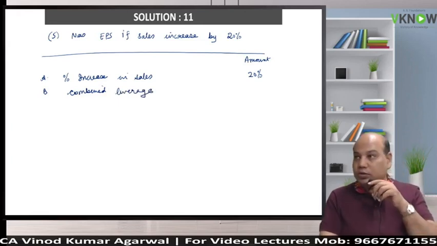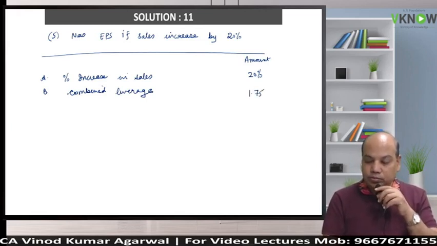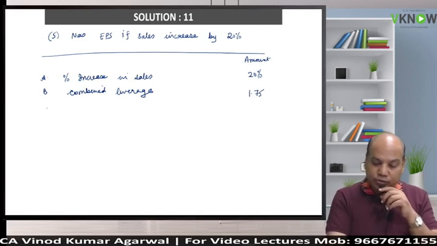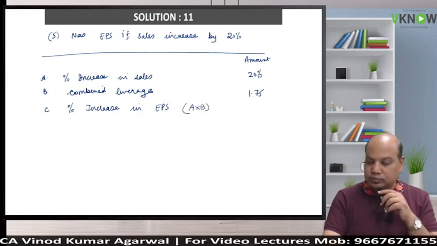Combined leverage is how much? It's given in the problem. Both increase and decrease. Point C, percentage increase in EPS. A into B, 35%.